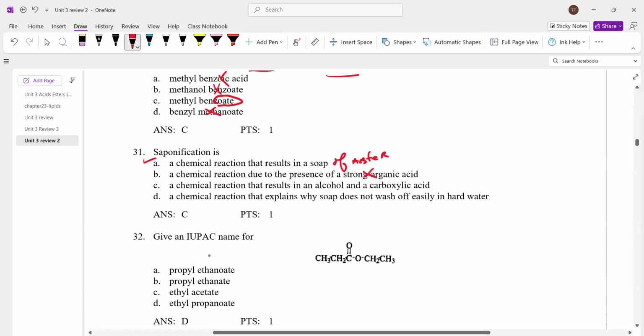It's in a basic environment, not an acid environment, and it forms the alcohol plus the salt. So it's not C, by the way, and it could be D. So really the answer is A.